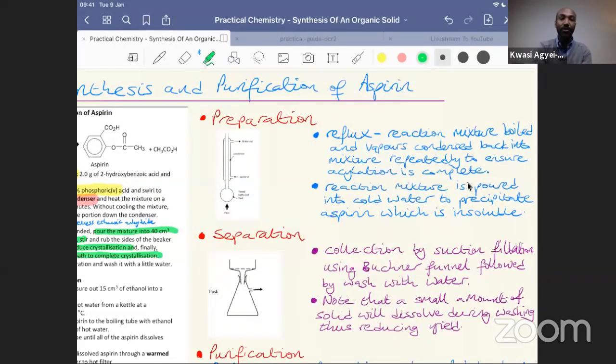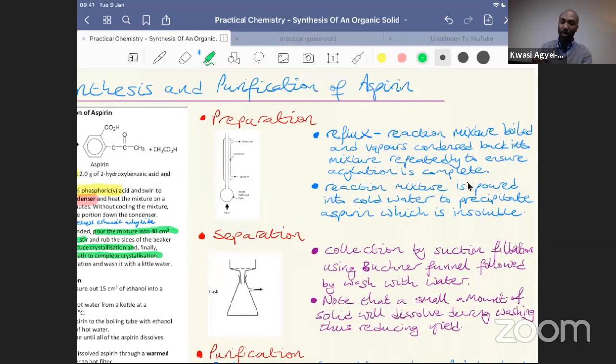So remember, you've got some ethanoic acid as byproduct. You've also got some catalytic phosphoric acid dissolved in that aqueous mixture. It may be the case that you've got some unreacted 2-hydroxybenzoic acid present as well. So hopefully all that stuff will be in solution and your solid organic product can be filtered out.